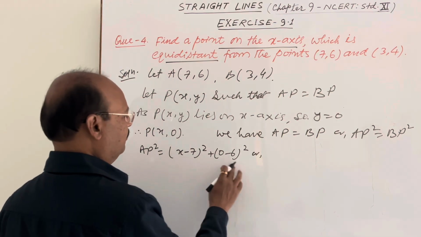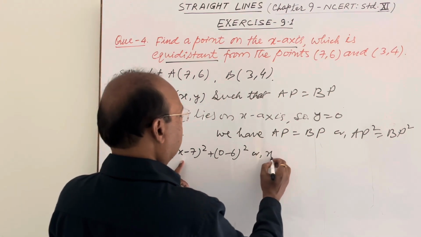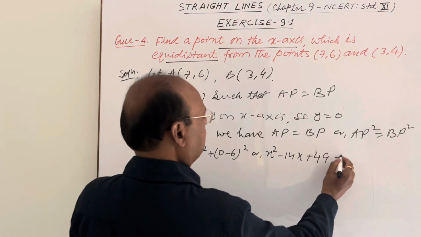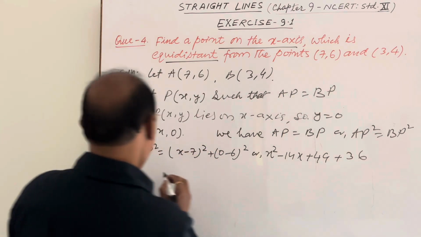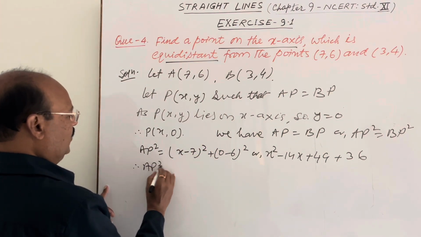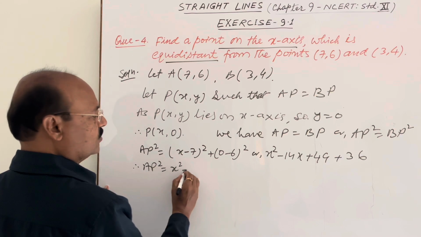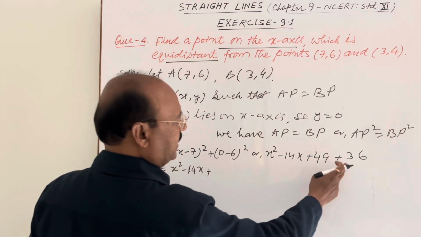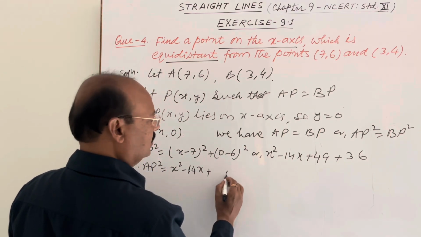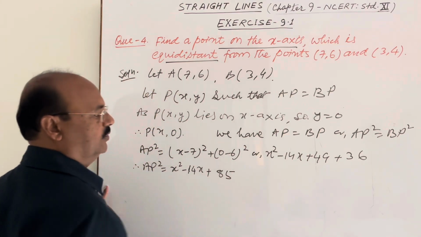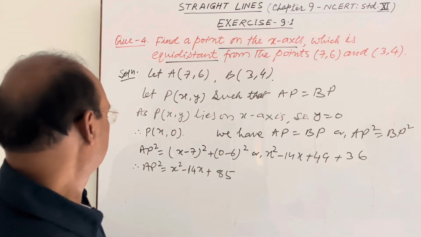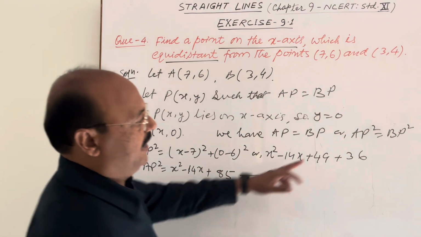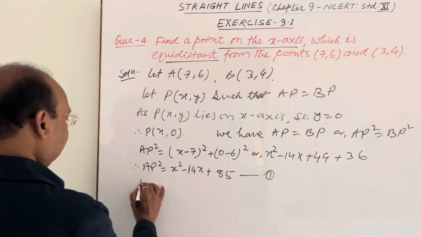After simplifying, this is x square minus 14x plus 49 plus 36. So AP square is equal to x square minus 14x plus 85. Correct? Write it as relation number 1. Similarly, we have to find out BP square also.